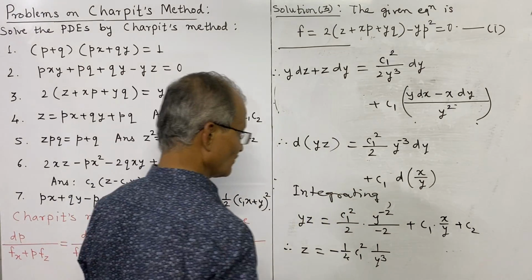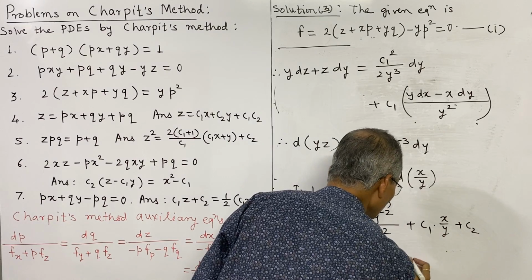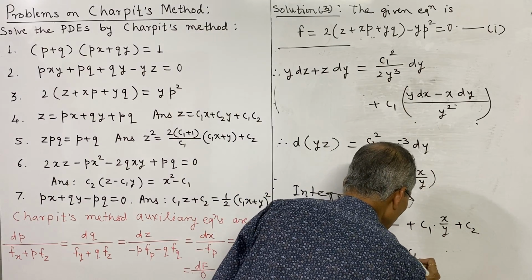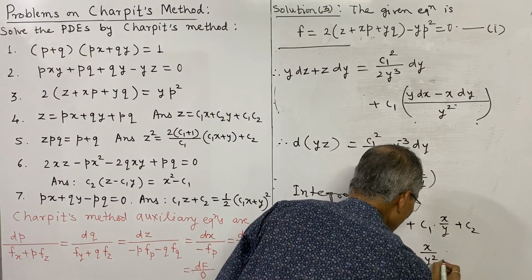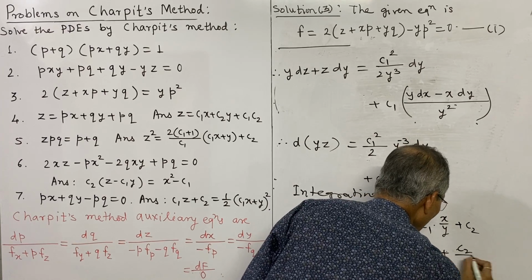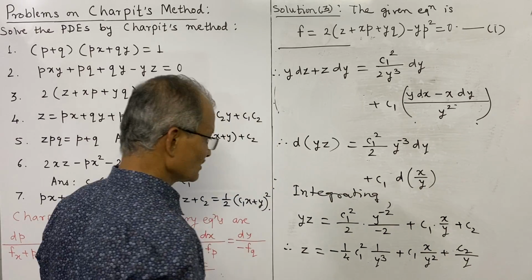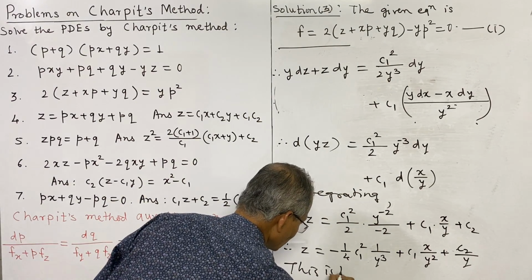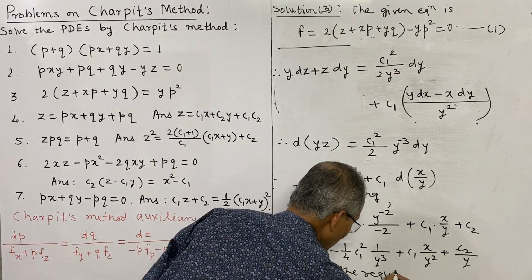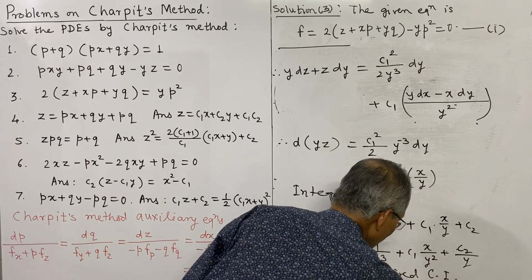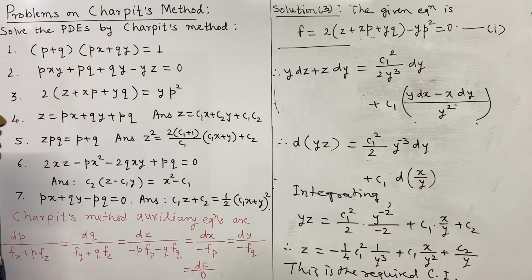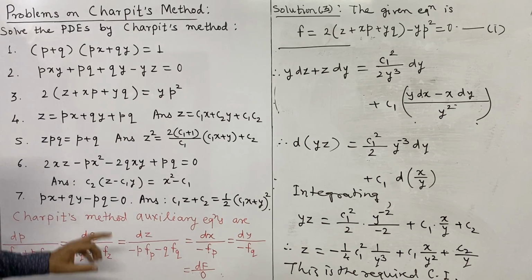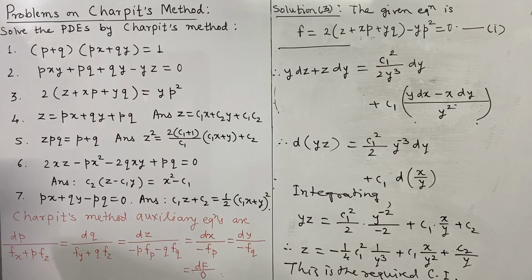And next, if you divide by y again, then that is c1 x upon y square plus c2 divided by y. This is the required complete integral. And thus we have solved the third problem here.